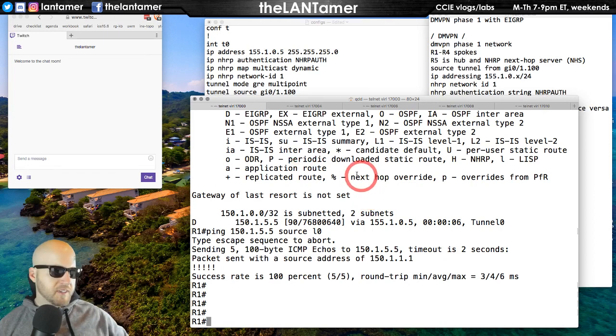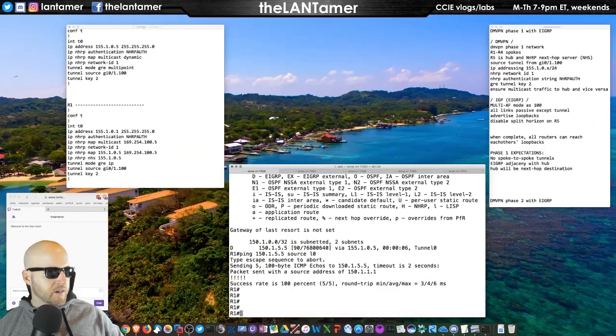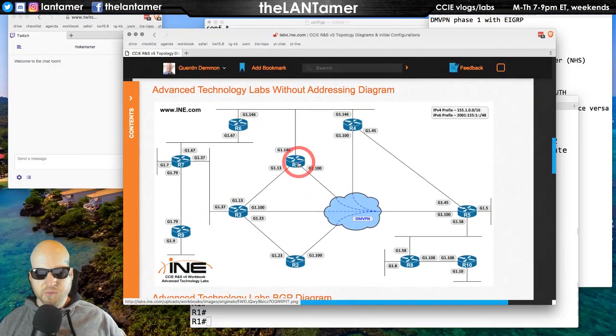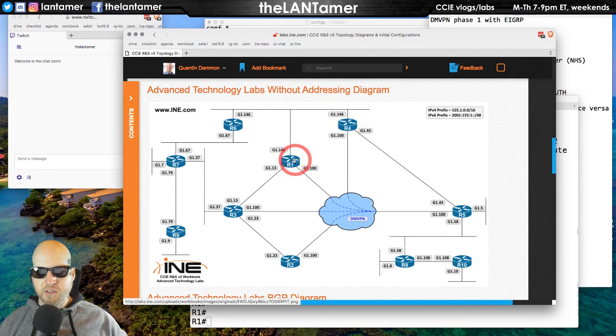All right. So here's phase one, right? The one major aspect of phase one is that we only do spoke to hub, there's no spoke to spoke tunnels. So traffic from router 1 that wants to go to router 2, for example, first has to go to router 5. Router 1 only learns routes to router 5, and router 5 is the next hop.